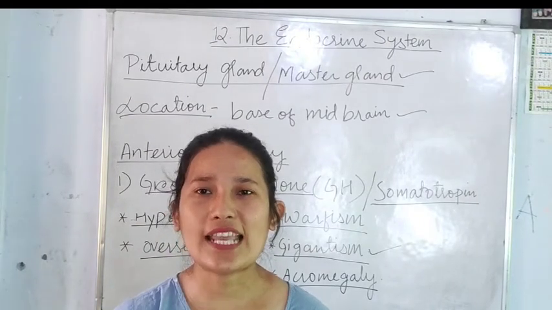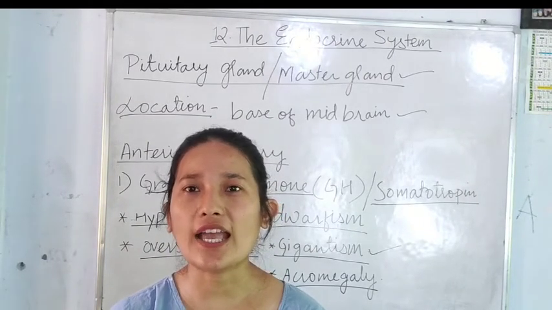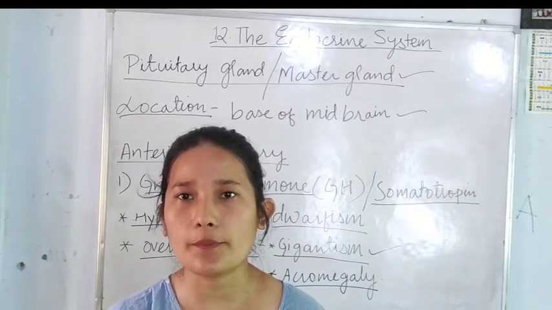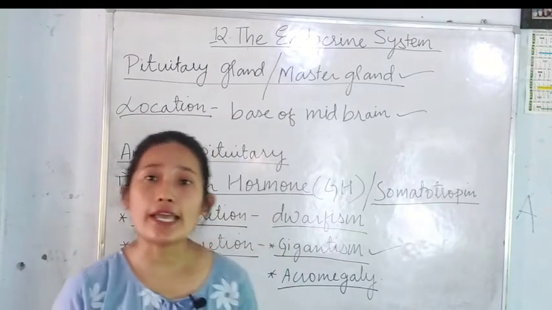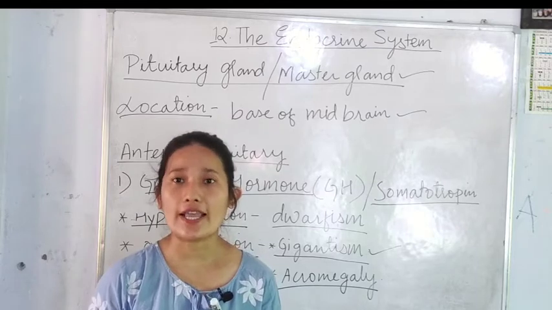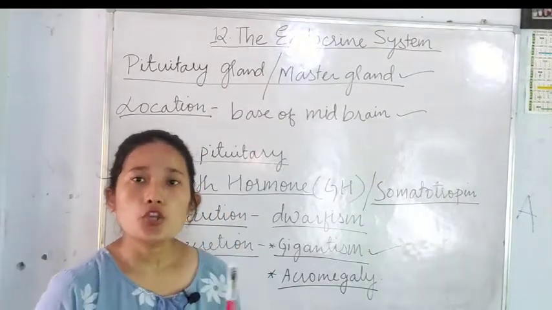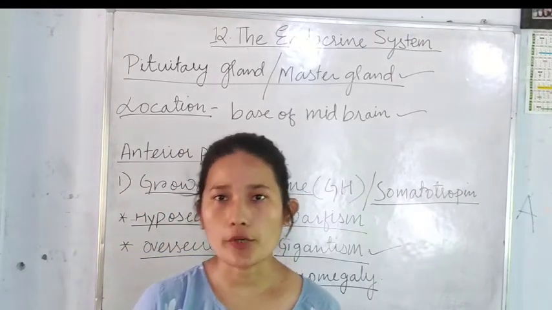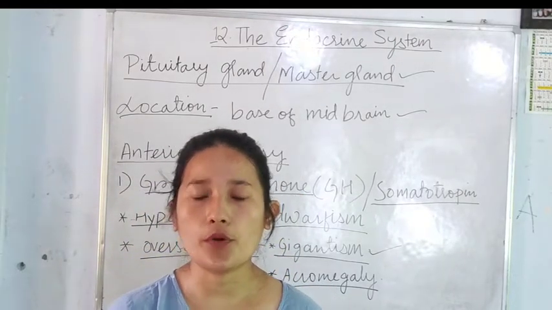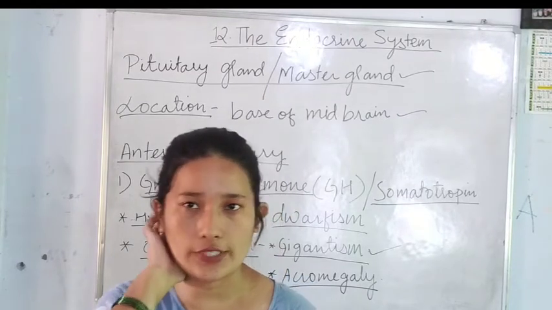Okay, hands and legs are of a bigger size, somewhat swollen. So that happens in adults, sudden change in height. Okay, that's called acromegaly. Okay, so the first one was the growth hormone that was secreted by the anterior lobe of the pituitary gland.